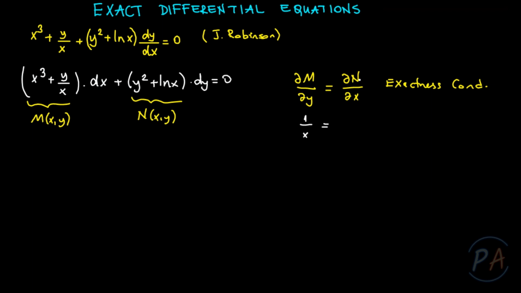And the derivative of N with respect to x: the derivative of y squared is 0, and the derivative of ln of x is 1 over x. So the exactness condition is satisfied, and this equation is an exact differential equation.